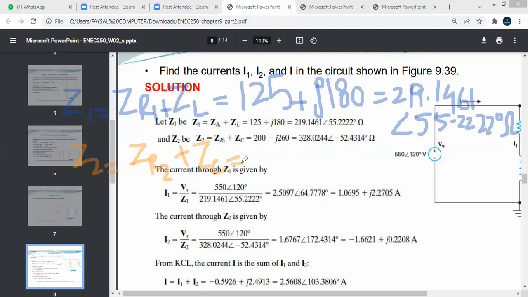Now, what is the value of Z2? As we know, this value equals ZR2 plus ZC.